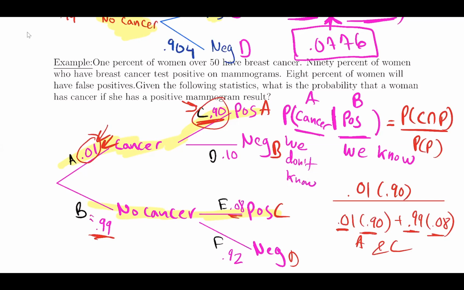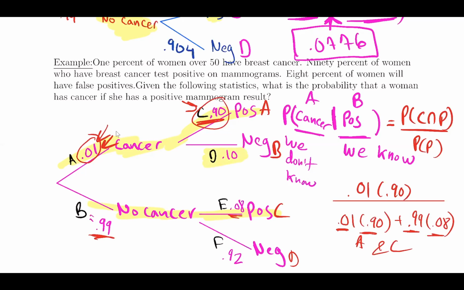Everybody kind of good with that? So up next, where does the 0.10 come from? Well, the 0.10, if you look at D, this is where the 0.10 comes from.